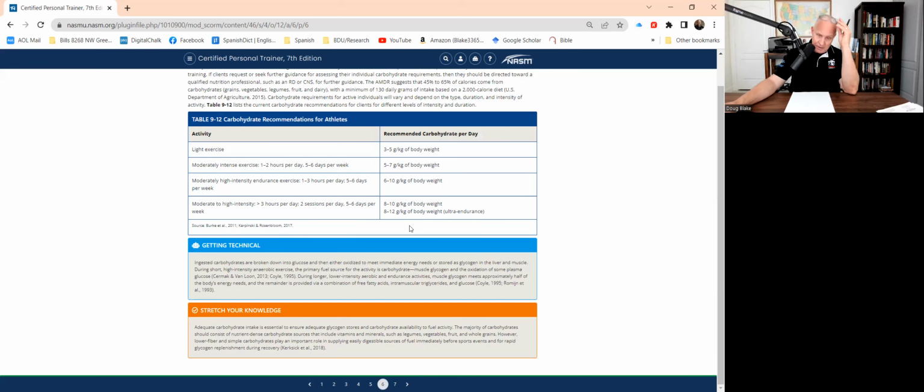I generally recommend, you can write this down for your own knowledge, anywhere between 40%, 30%, depending on their total body fat percentage, of total calories should come from complex carbs. But again, recommended carbohydrates are 3 to 5 grams per kilogram of body weight. The reason they're giving you these numbers is because they've got to give you something objective, just so you understand.